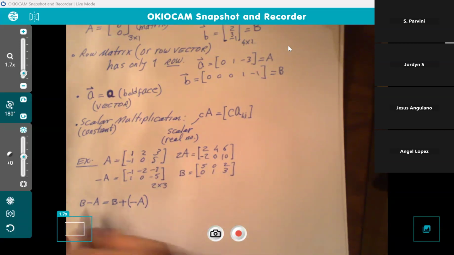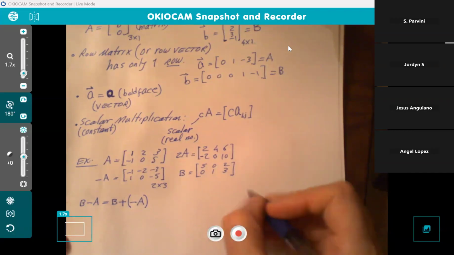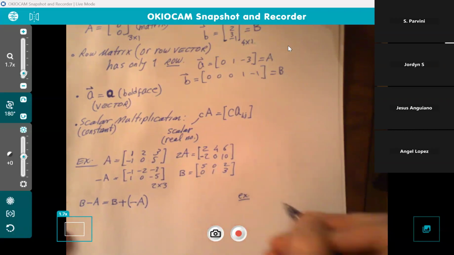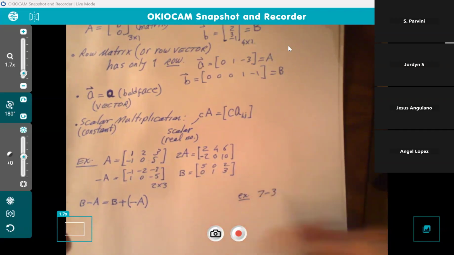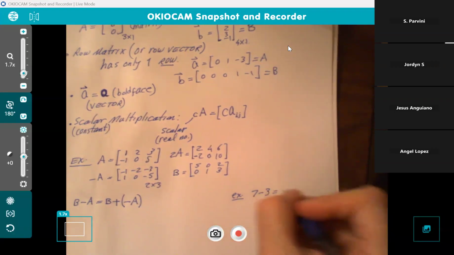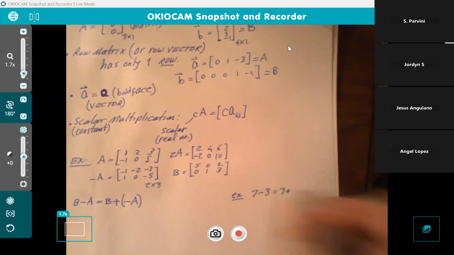And we kind of do that with everyday numbers too. For instance, a sidebar example with numbers. Let's say I have 7 minus 3. This operation is subtraction, right? I'm subtracting 3 from 7. But I could, if need be, think of this as addition.